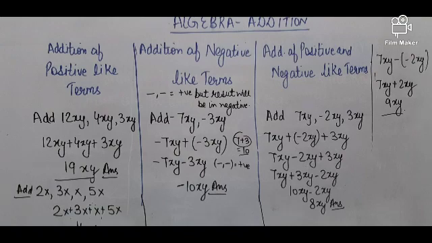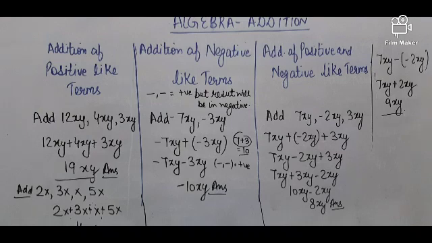I hope these basic concepts are clear to you. Before we move to the exercise, let's revise these again. In addition of positive like terms, you just have to add up all the constants of like terms, and you will get the answer.